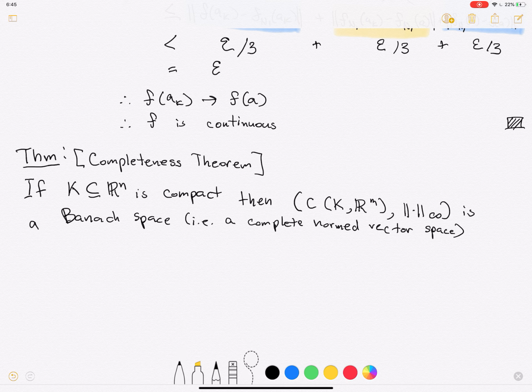So if you have any Cauchy sequence from this set, then it will converge, and it will stay inside of the set.